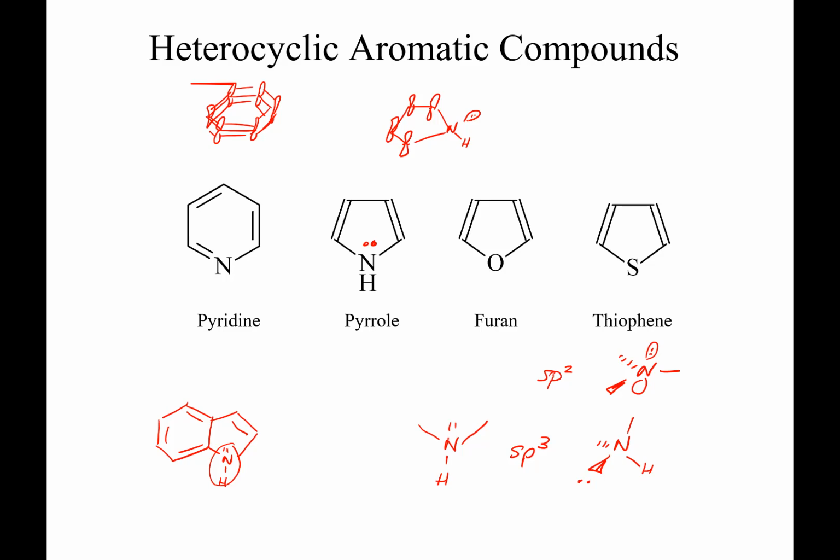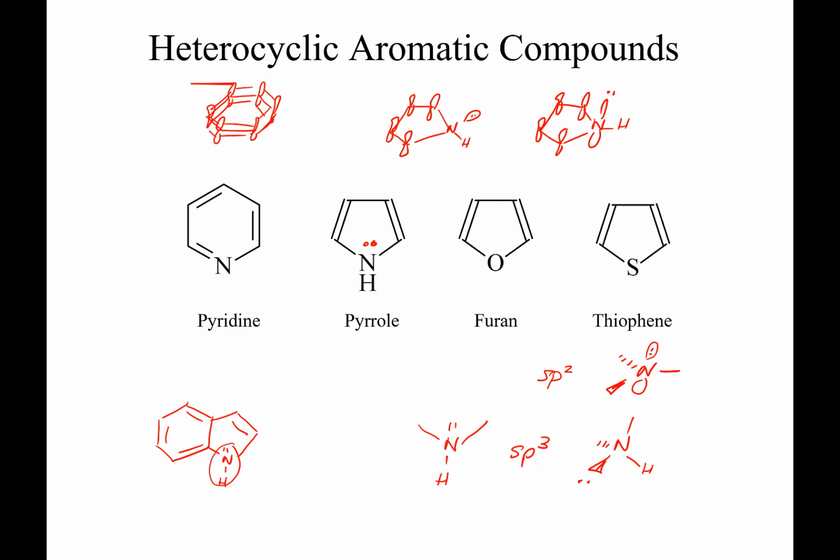But if the nitrogen says, if I just choose to be sp2 and I put my lone pair into the p orbital, now all of a sudden that p orbital is parallel to the other p orbitals. So now they can all share the electrons. So that's rule number one. Nitrogen is now sp2 hybridized.